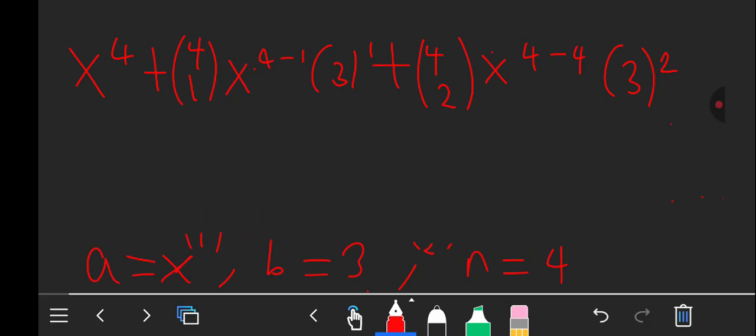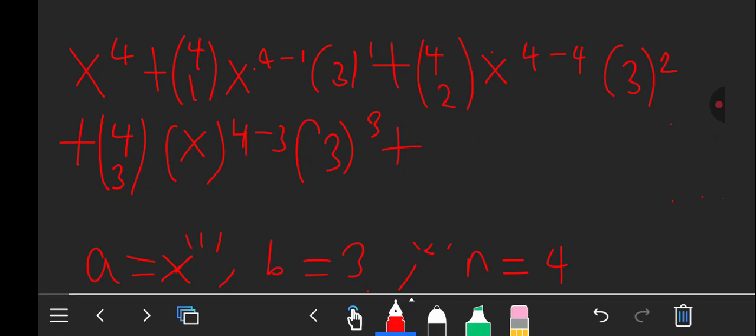Then you are going to have, plus again, 4 combination 3. Our a is x, so x to the power n minus what? 3, so 4 minus 3. Then b, our b is 3, so 3 to the power 3.